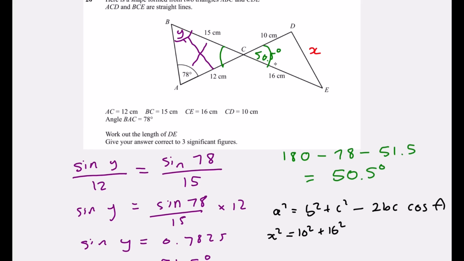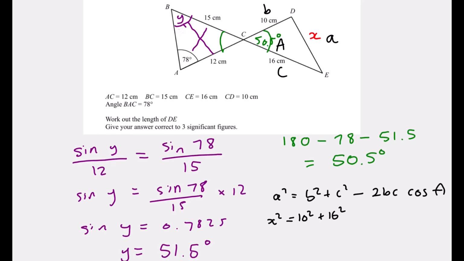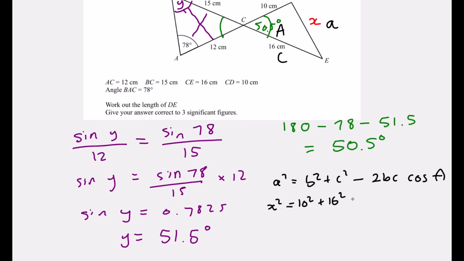So this is big A. The angle we're using is big A. The one opposite it is little a. And these two are B and C in any order. You can do C and B, B and C. It works out the same. Minus 2 times 10 times 16 cos 50.5. But again, that number's in the calculator, so I'm going to use the whole exact number.